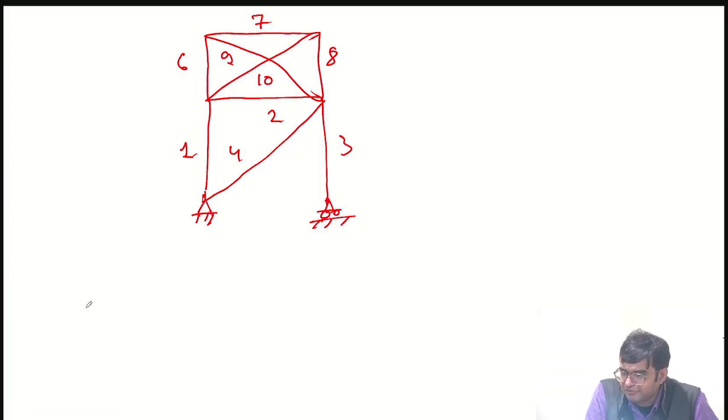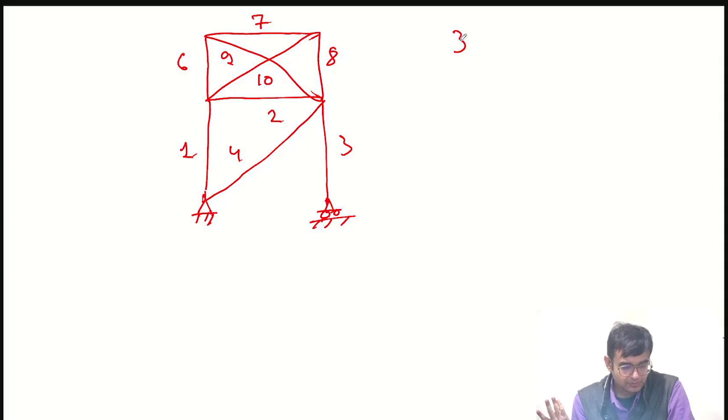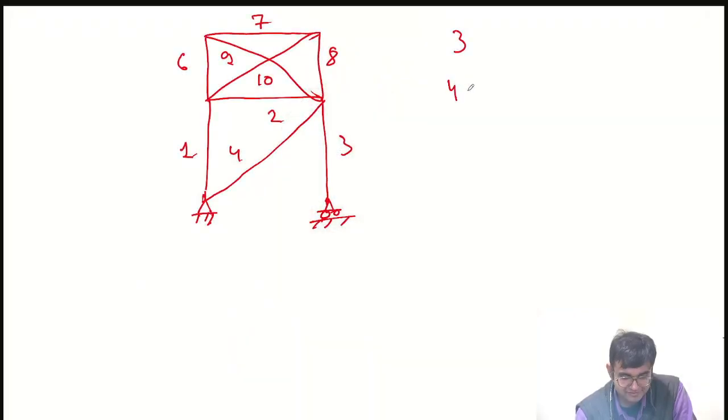So suppose member 3 fails. What happens to the system? It will collapse. So that means one failure path is that 3 fails. Member 4 fails, 3 is there. If member 4 fails, it will not collapse, right? But if 4 fails, then 3 fails. So the second path is, then 1 fails.